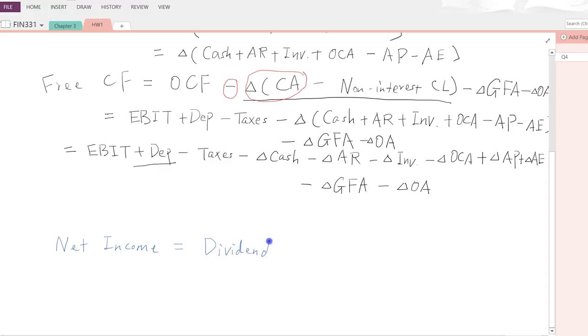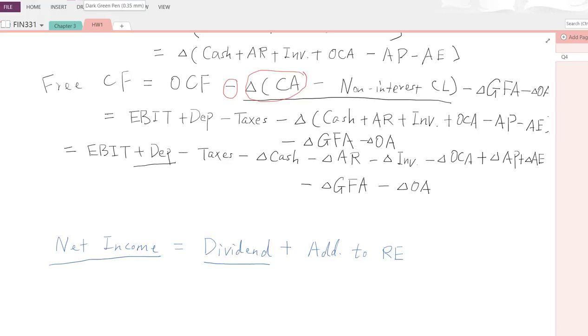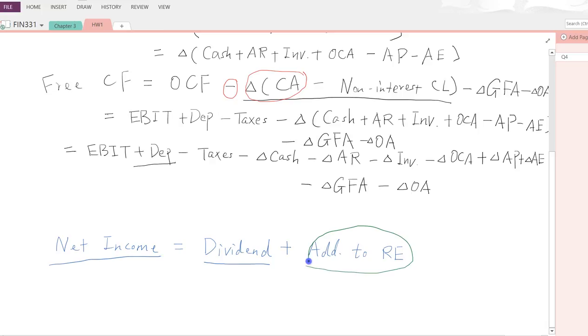So one part of the net income can be paid to shareholders in the form of dividend, and the remaining part is retained inside the firm, and that's called addition to retained earnings. In order to figure out this dividend, we can just try to figure out this addition to retained earnings. The net income number is given, we found it from the income statement.